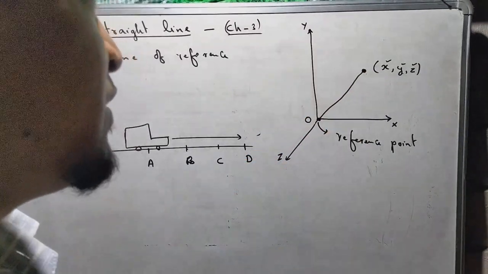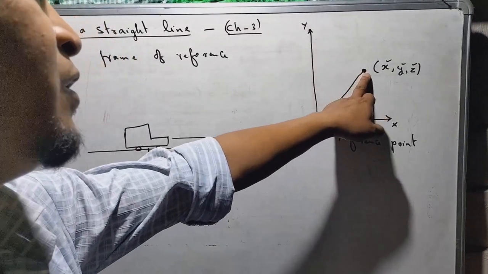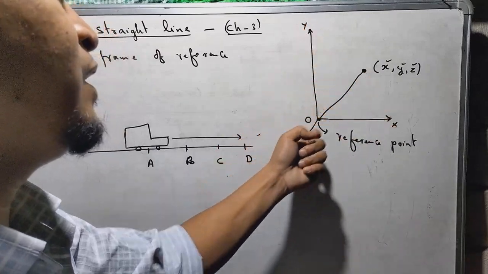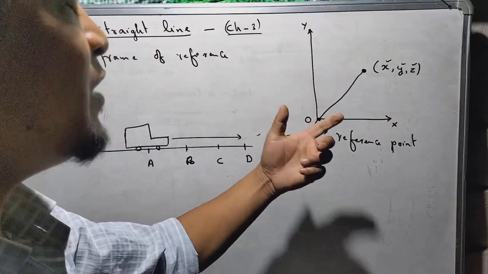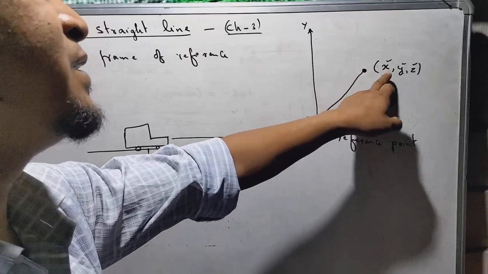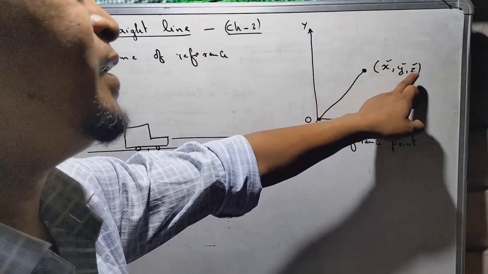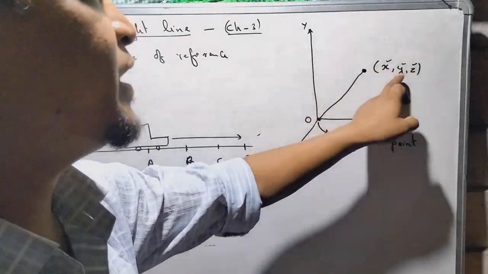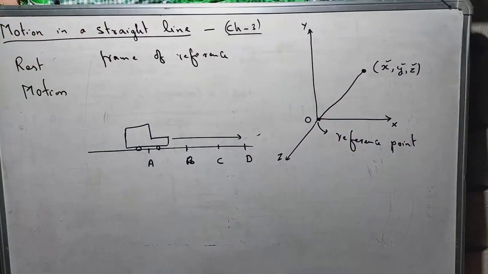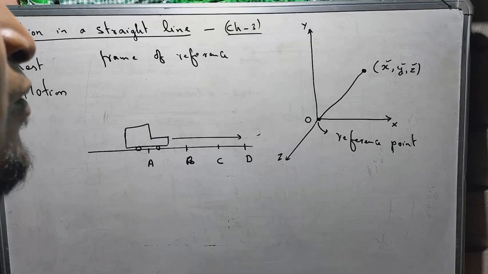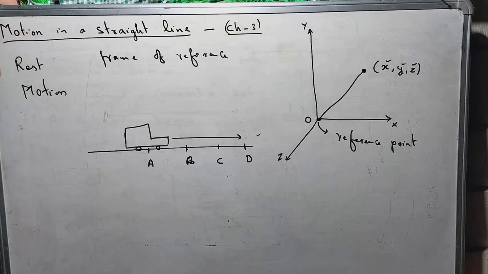Then you need to specify the position of the object along x, along y, and along z. So that position at this time, let's say, is given as small x, small y, small z. These x, y, z stand for the coordinates, or I can say the positions of the object along the x, y, and z axes.